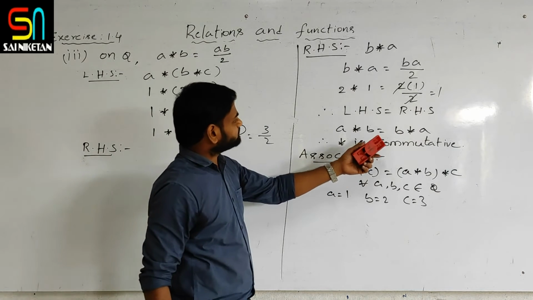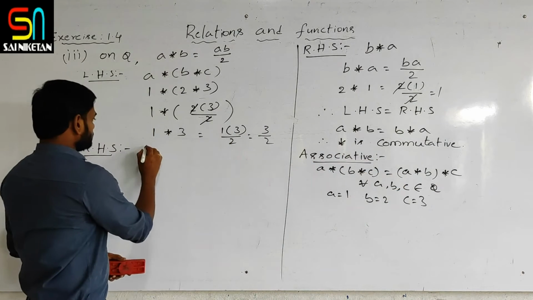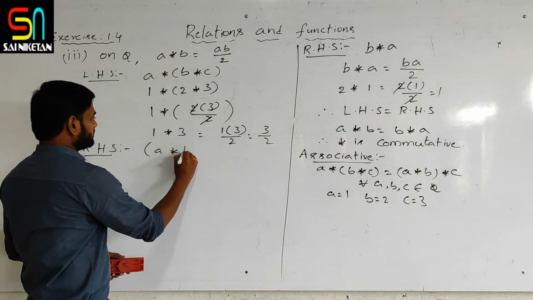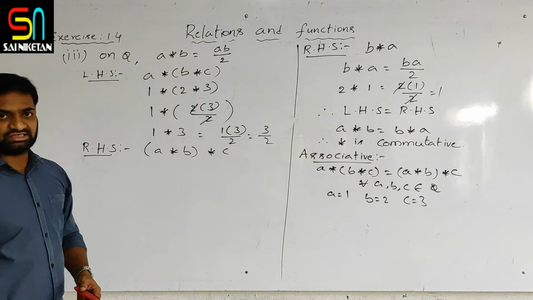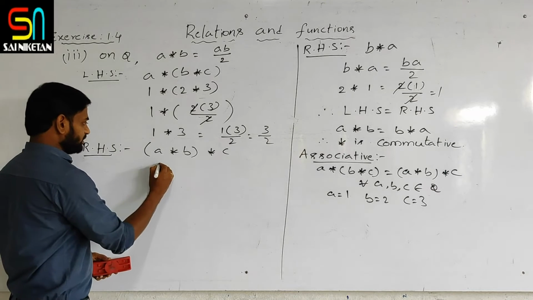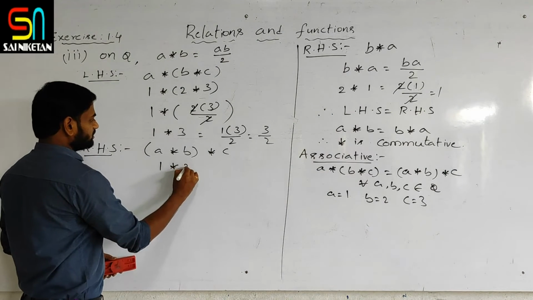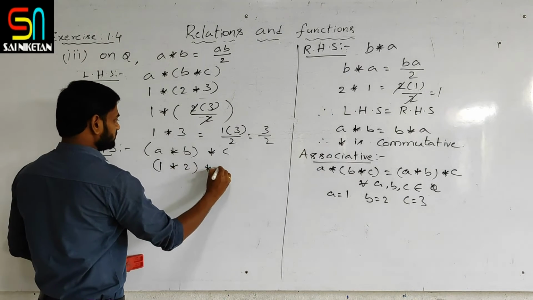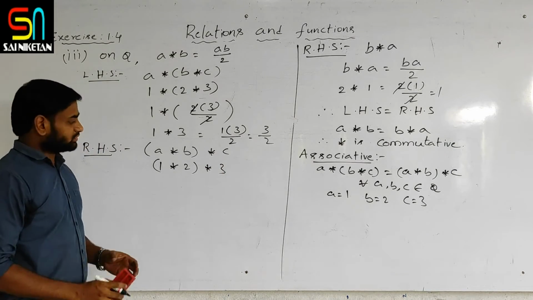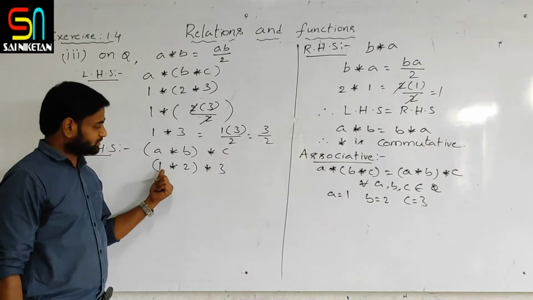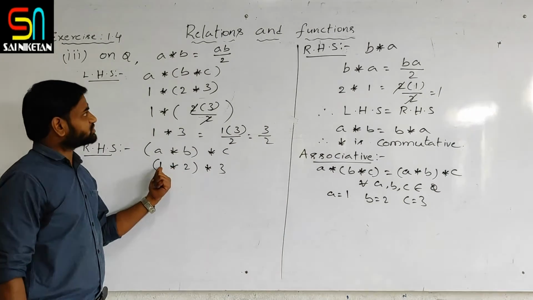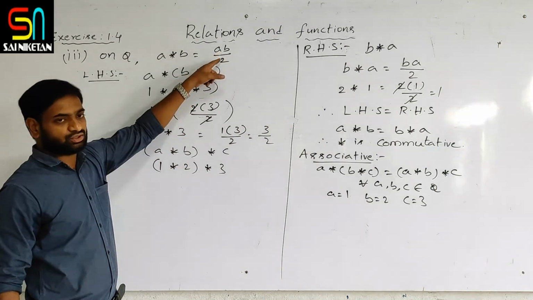RHS part is A star B star C. This is the RHS part, and substitute the values, that is 1 star 2 star 3. Now here first we have to operate the operations 1 star 2. A star B means A into B by 2.